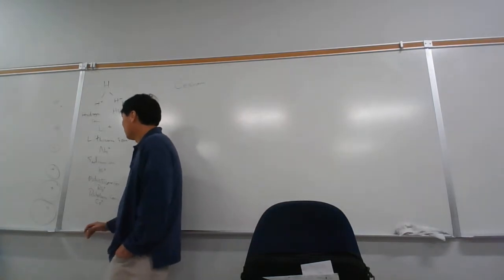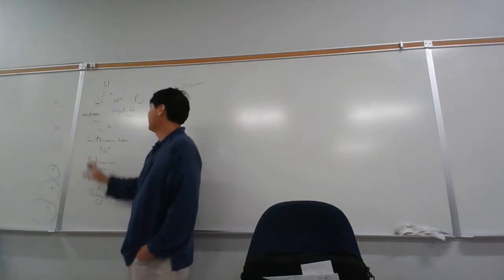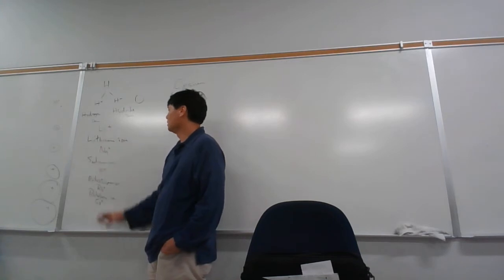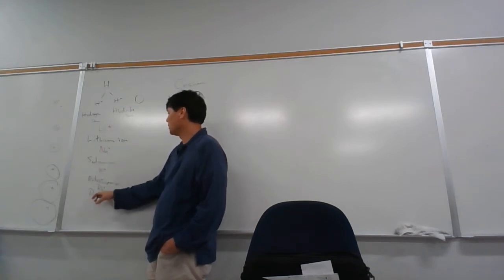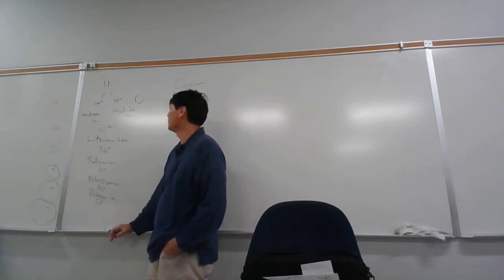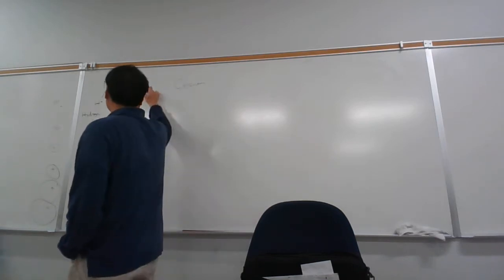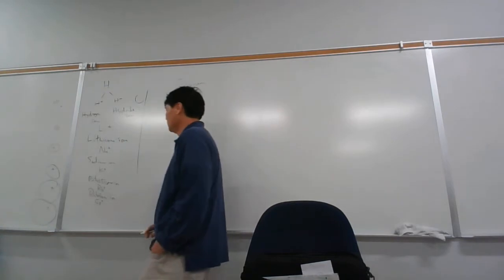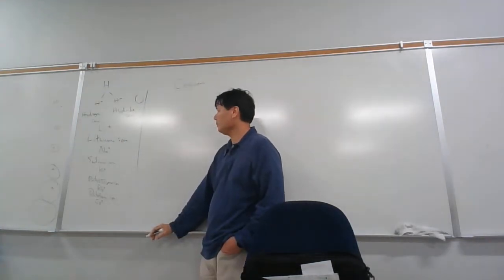So one of the chemical properties of the alkali metals is they tend to lose an electron to form a +1 cation, this +1 ion. These would be the names of the ions. These would be all what we call fixed charge ions.